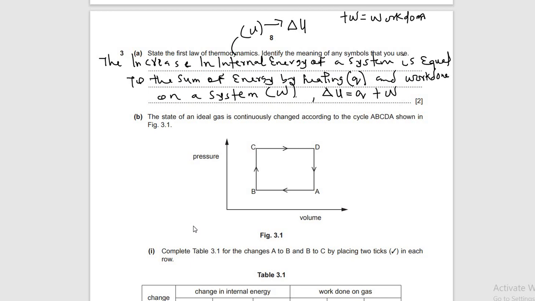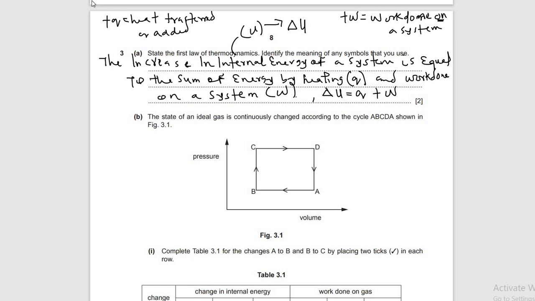Work is very important. Work done on a system. Q is heat energy added to the system, plus Q is heat transfer to the system. It's key to understand this.